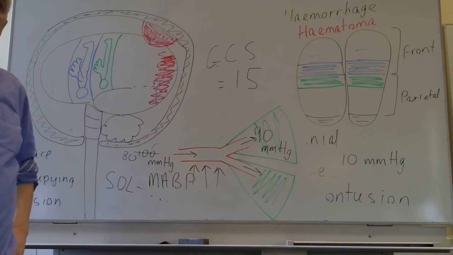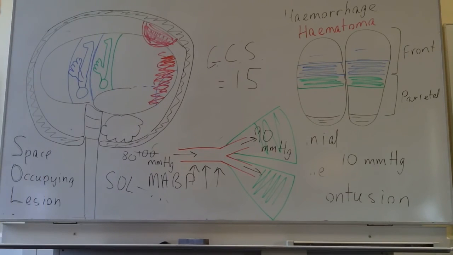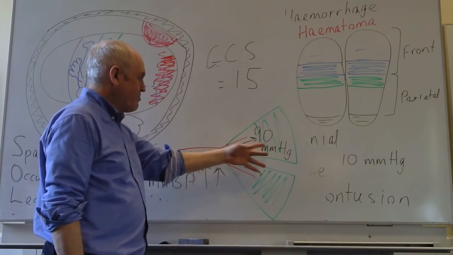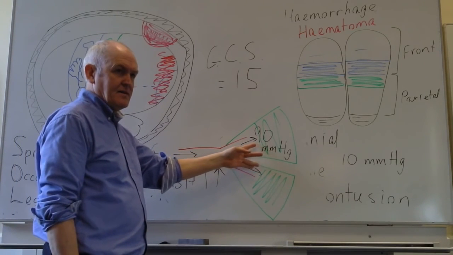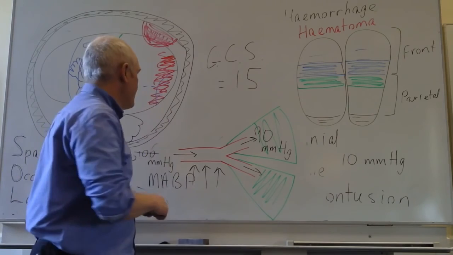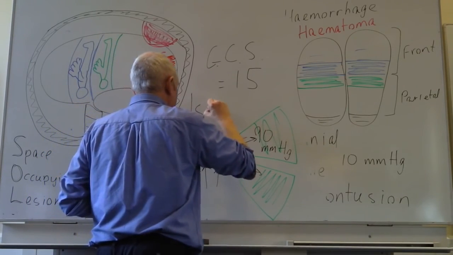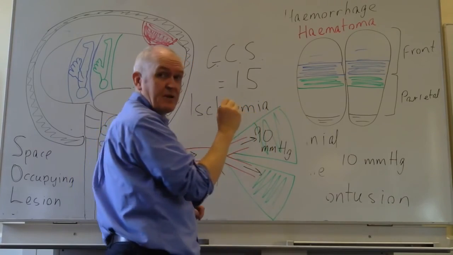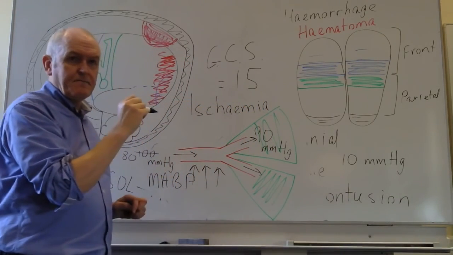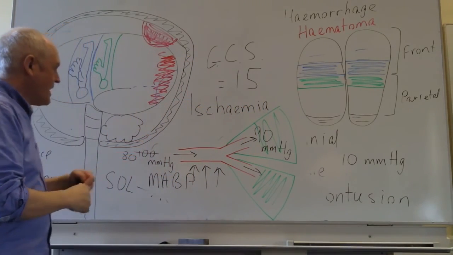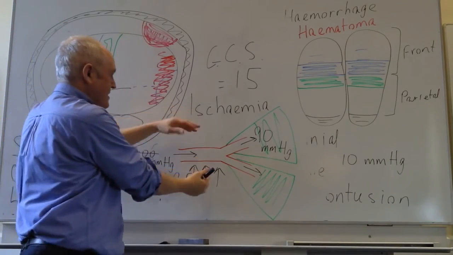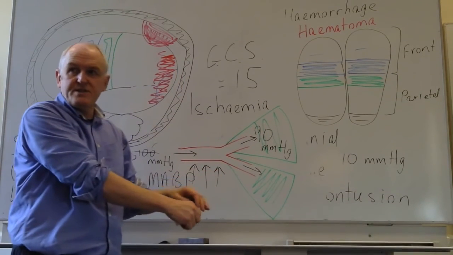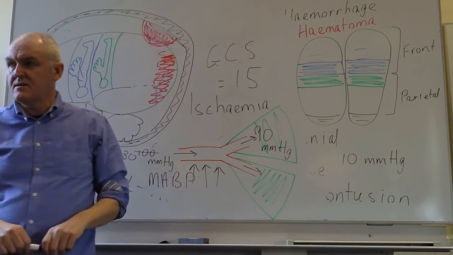The higher the intracranial pressure. Yeah, the higher the intracranial pressure, the less blood will be getting to the brain. It'll be more ischemic. Remember, ischemia means a reduced blood supply, doesn't it? So the higher the intracranial pressure, the less blood supply is getting to the brain. There's going to be cerebral ischemia.